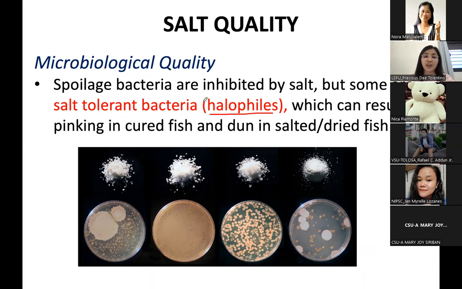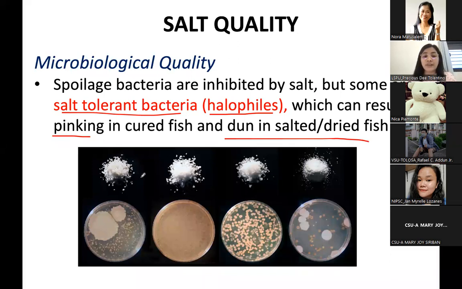Halophiles, okay, halo means salt, phile means loving. So these are your salt-tolerant bacteria. And the salt-tolerant bacteria, they can result in pinking, literal nagkukulay pink yung surface ng fish, and done in salted dried fish. So mamaya makikita natin if ano yung ibig sabihin ng pinking, if ano yung ibig sabihin ng done.